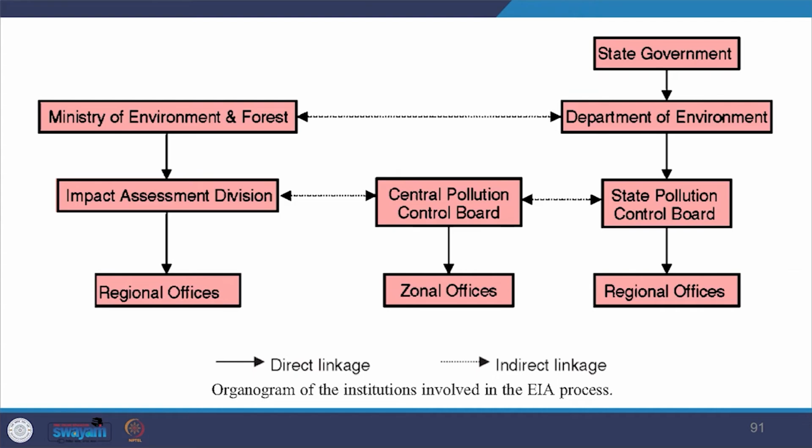These three important institutions, the Impact Assessment Division, the CPCB, and the ministry, are responsible for this. At the province level, the State Pollution Control Board and the State Department of Environment work. So at the central level you see the Impact Assessment Division, ministries, and the Central Pollution Control Board, whereas at the state level you see the State Pollution Control Board and the Department of Environment.